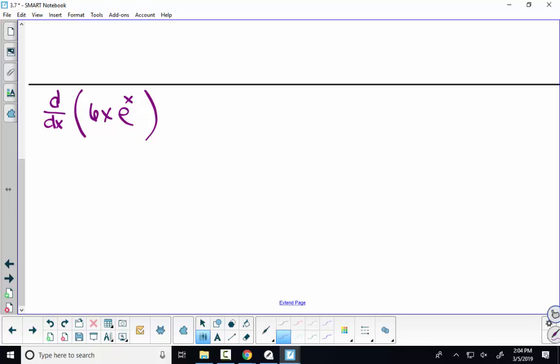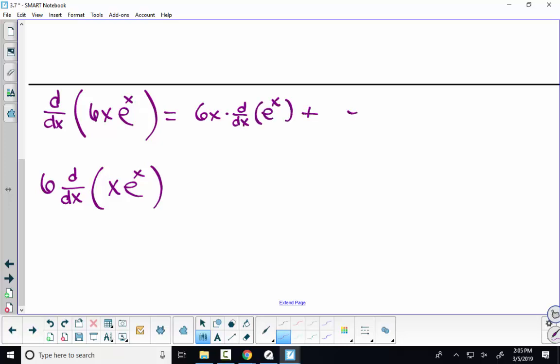Or since the 6 is a constant, we can also take that out if you wanted to. It doesn't matter. One version will have the 6 distributed in all terms already, and the second version will just have the 6 factored out, but it's all the same. So we take the first times the derivative of the second plus the second times the derivative of the first.